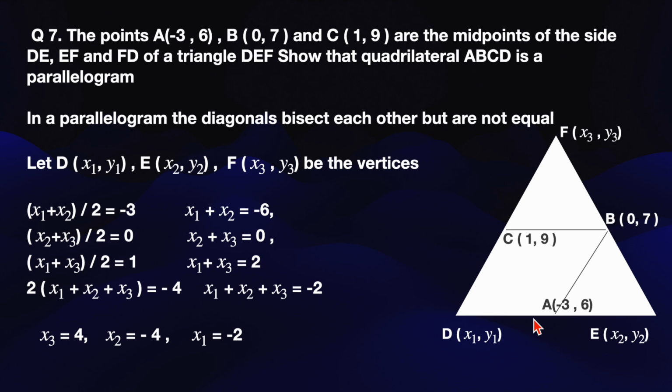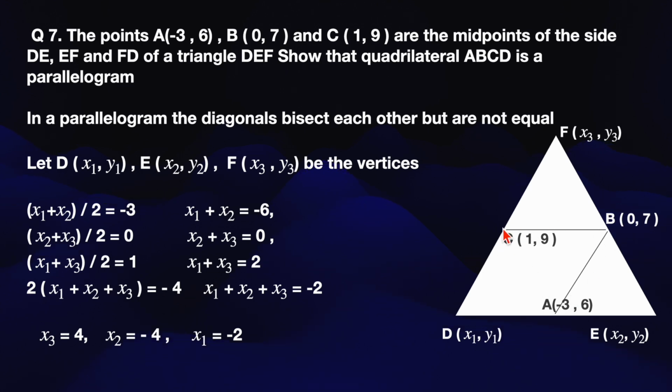Question 7. The points A, B, C are the midpoints of the sides DE, EF, FD of a triangle DEF. So here D, E and F is the triangle, and we do not know the vertices, so we are writing x1, y1, x2, y2, x3, y3, and these are the midpoints.